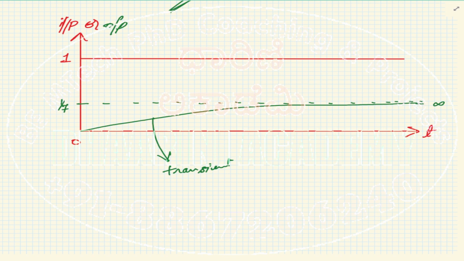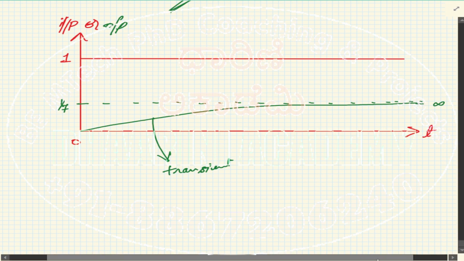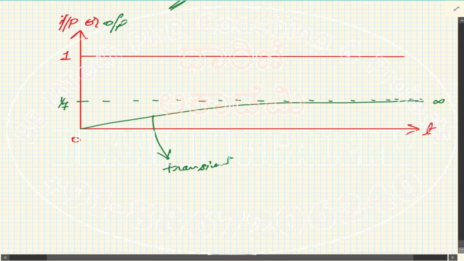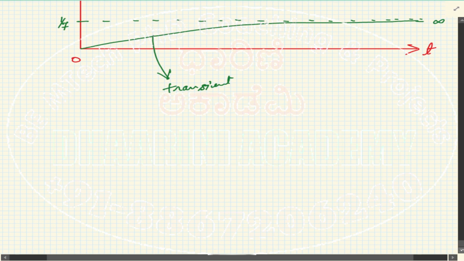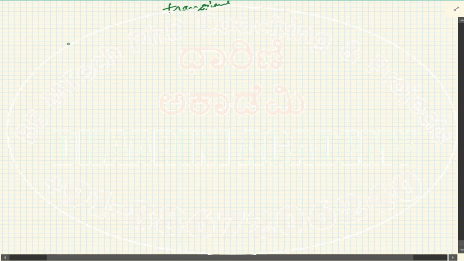All right, now after this, we'll go for the types of systems. Basically in practice we use two types of systems, depending on the power of s in the denominator. So we classify them as two different orders of system.